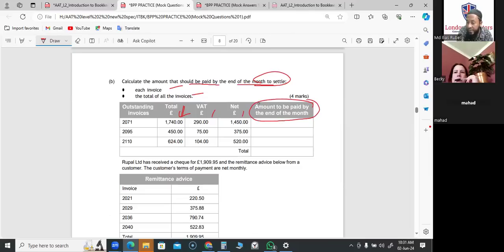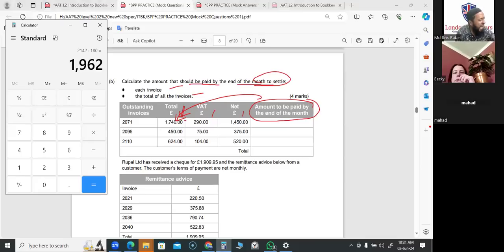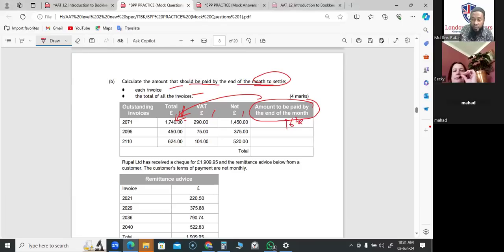The amount to be paid by the end of the month is 4% less of this. There are different ways of doing it. I sometimes use a shortcut, but it's 1740. If you get 4% discount, you're basically calculating 96%. If you do 96%, you straight away get the answer, 1640.4.